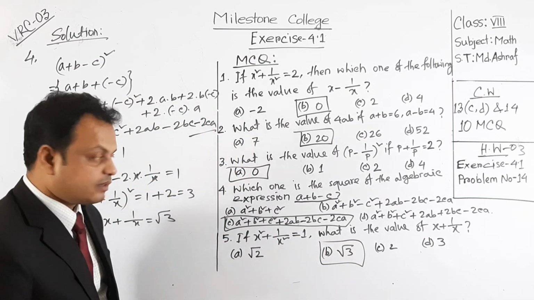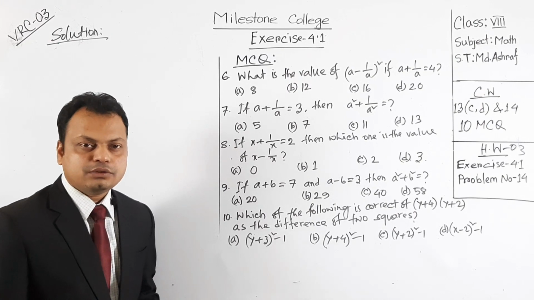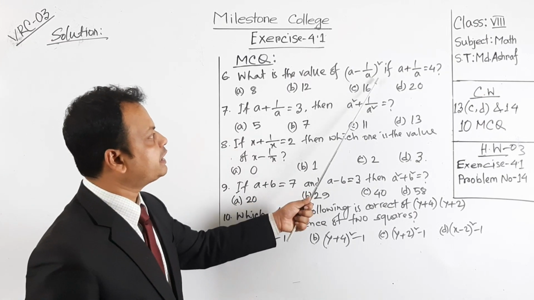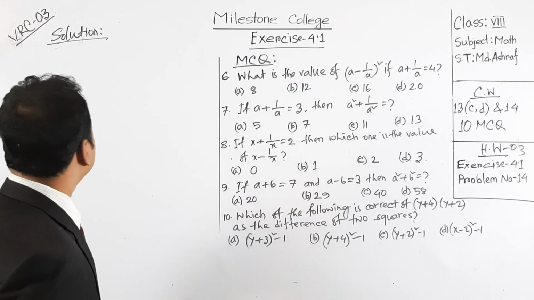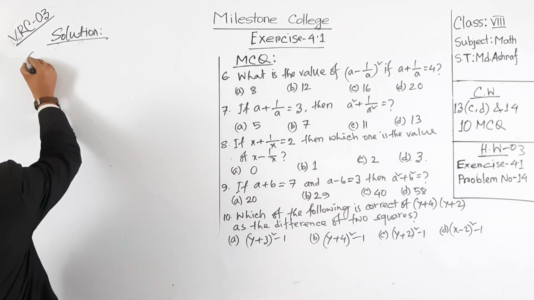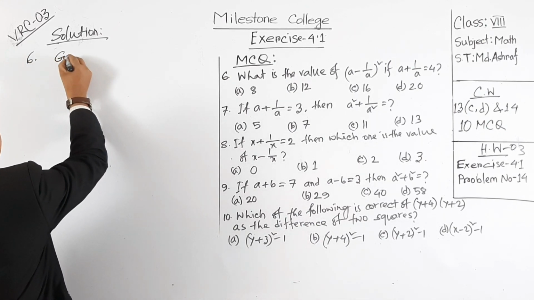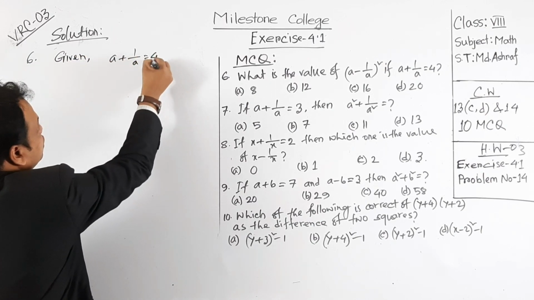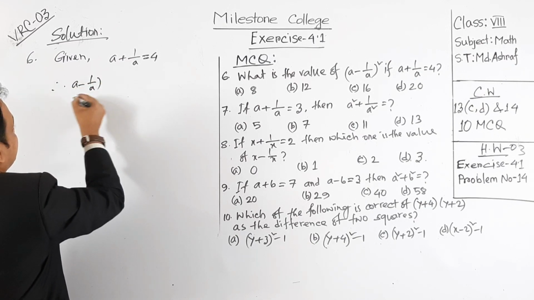Now do another MCQ question. MCQ number 6. What is the value of a minus 1 by a whole square if a plus 1 by a equals 4? Solve this one. Given a plus 1 by a equals 4, we have to find the value of a minus 1 by a whole square.